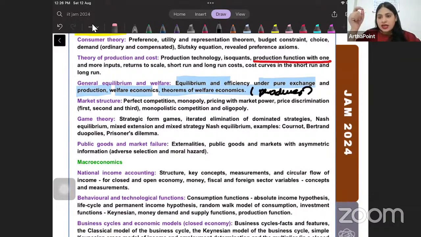It is my high intuition that since last few times, because they have always been giving the consumer side, this year in exam from general equilibrium, they will ask you producer theory. ठीक है. तो अगर अभी ही आप इंटरमीडिएट वीडियोस में जाओगे, यू विल फाइंड कि मैंने जनरल इक्विलिब्रियम को कंज्यूमर और प्रोड्यूसर दोनों में एक्सप्लेन किया है.